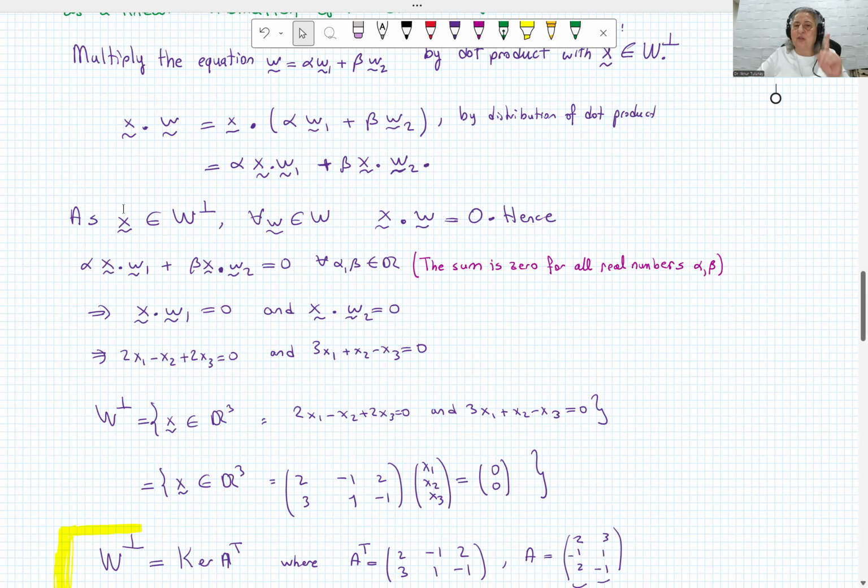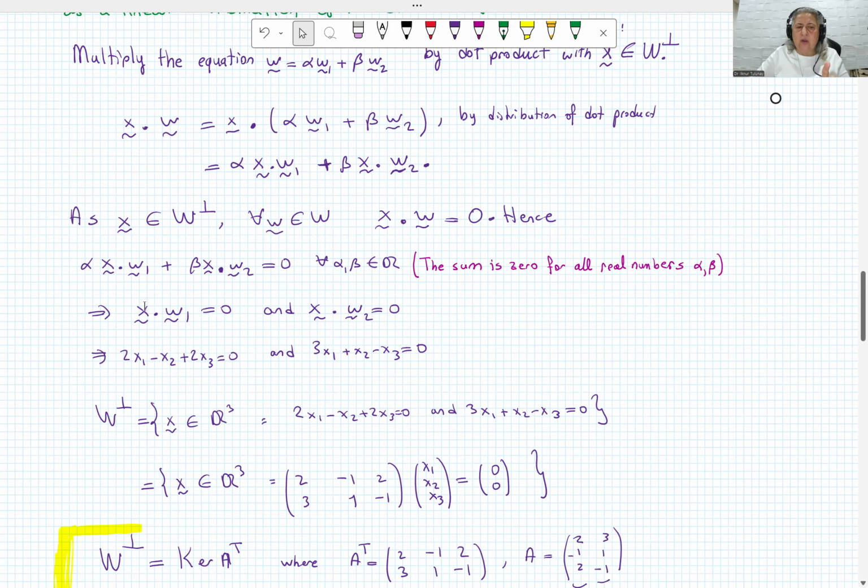As I said, this condition is a very strong condition. Because of this condition, this dot product has to be 0 and this dot product has to be 0.